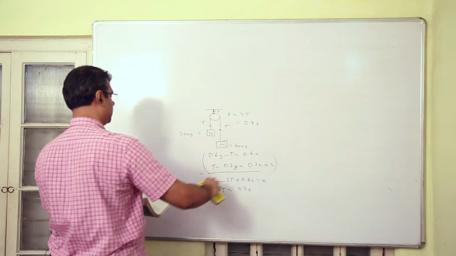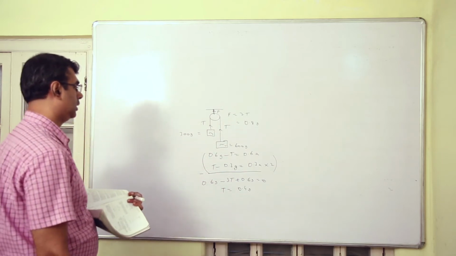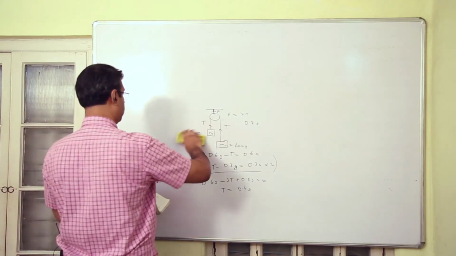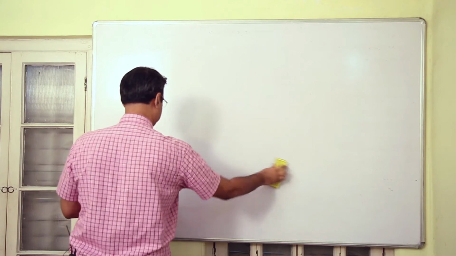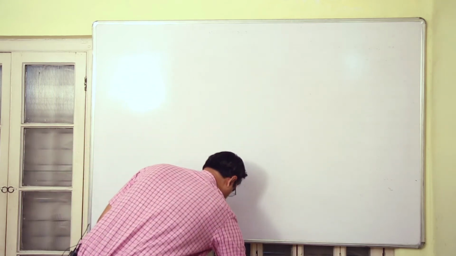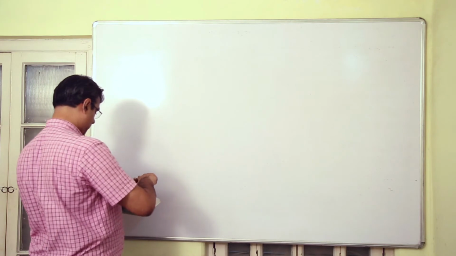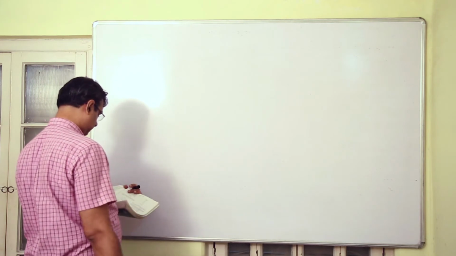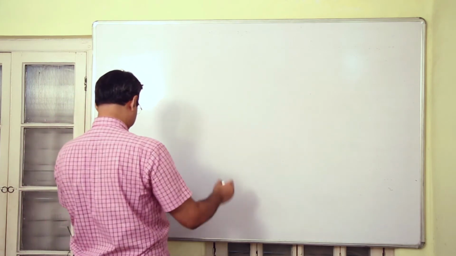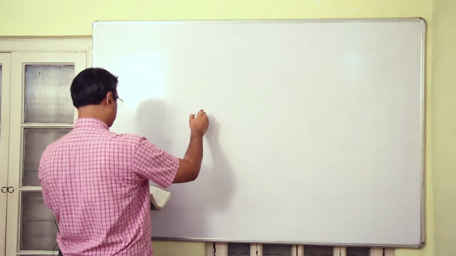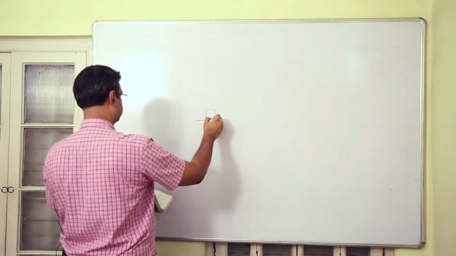Now in this pulley system question, both the blocks were in vertical motion, but sometimes one of them or both of them may be having horizontal motion. Like say for example, look at this diagram.